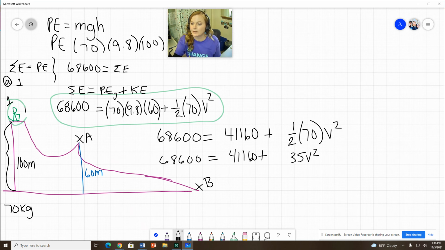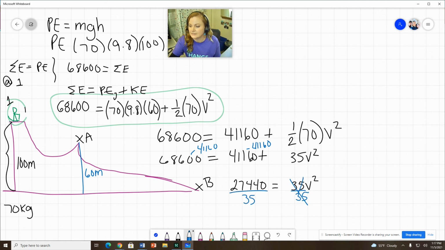So I'm going to subtract 41,160 from both sides so that I can get rid of it. That gives me 27,440 equals 35v squared. Now I'm going to divide both sides by 35 to get rid of the 35 on the right.